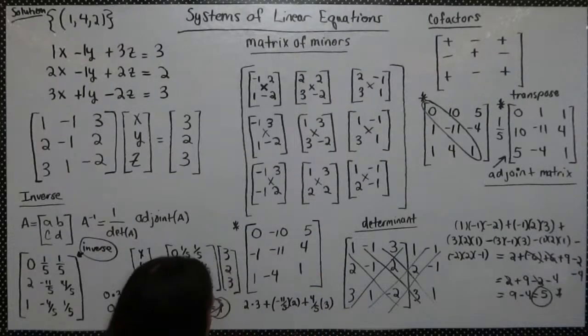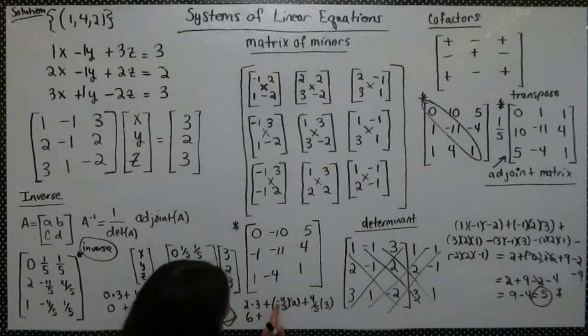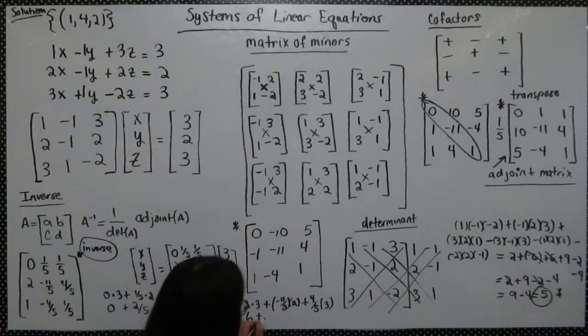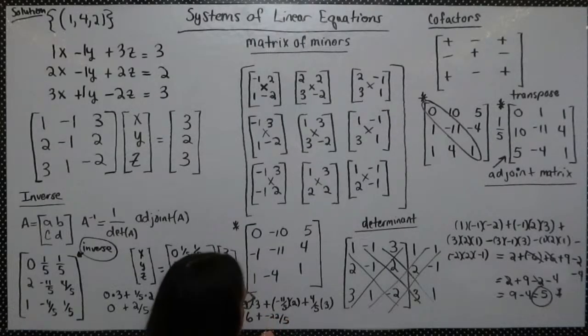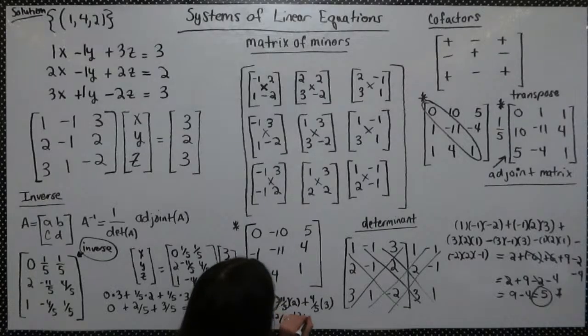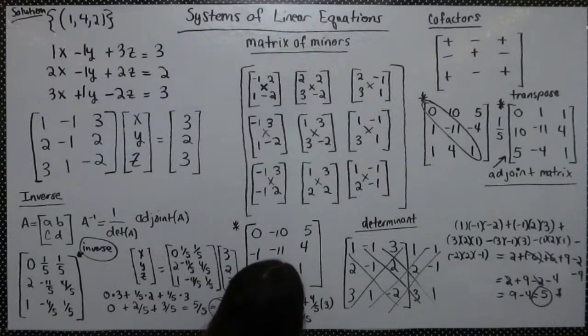So 2 times 3 is 6, plus -11/5 times 2 is -22/5, and 4/5 times 3 is 12/5. So we have 6 minus 22/5 plus 12/5.